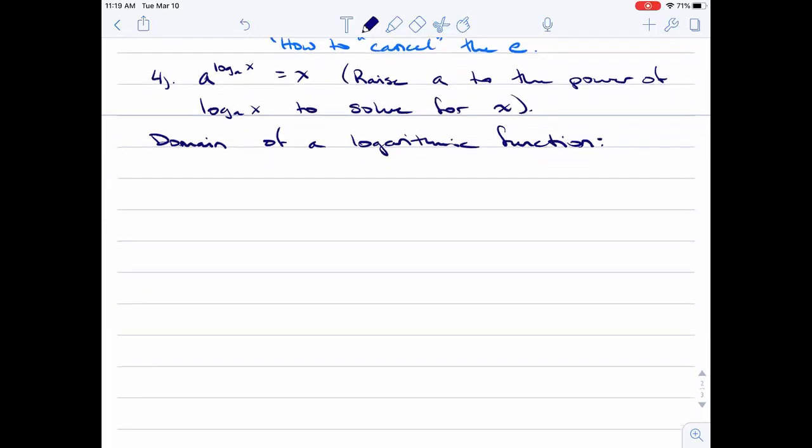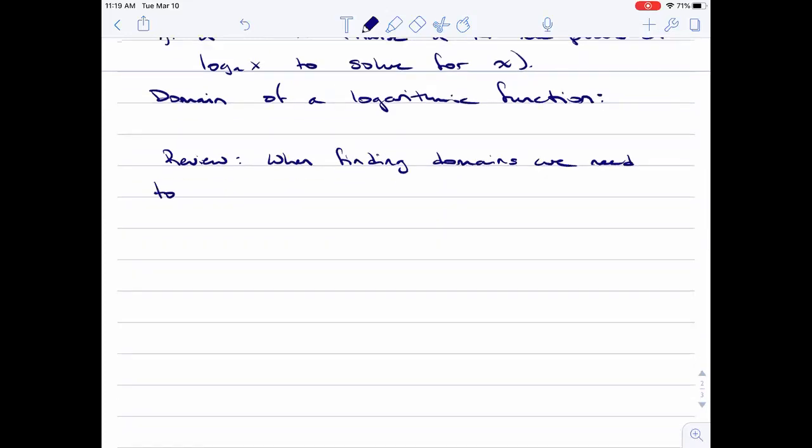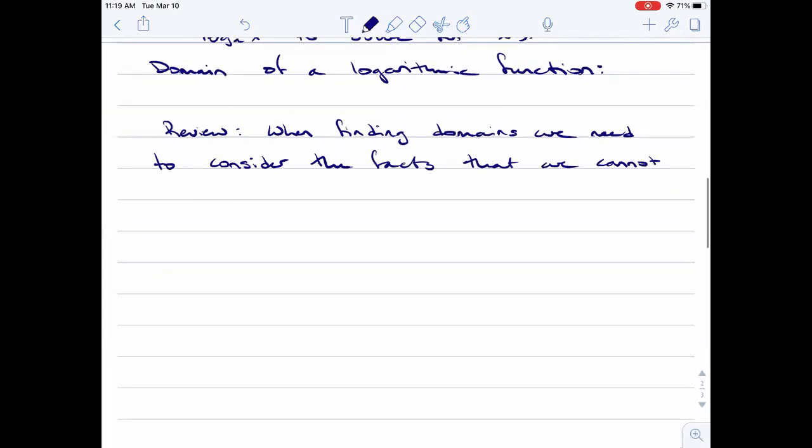So just for review, right? When finding domains, we need to consider the facts that we cannot, 1, divide by 0, right?